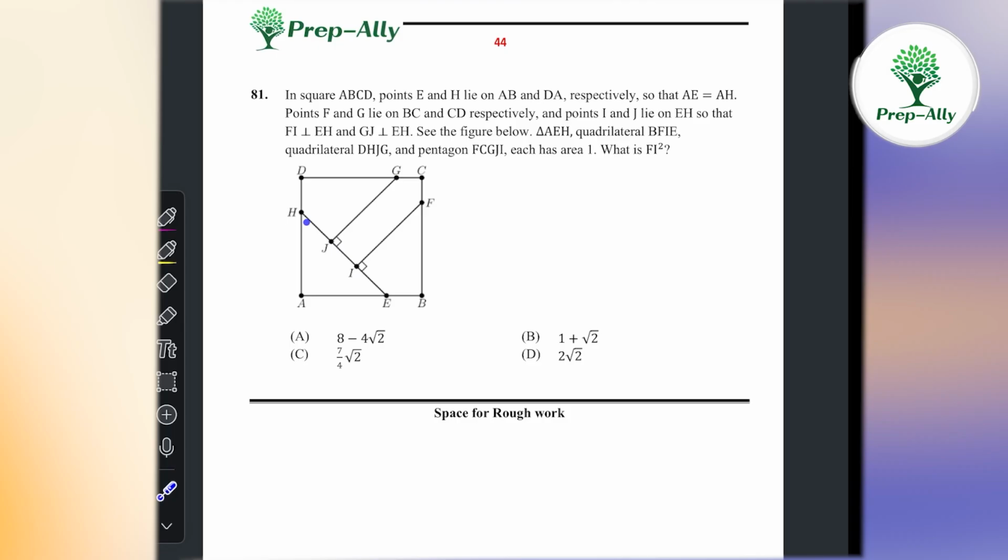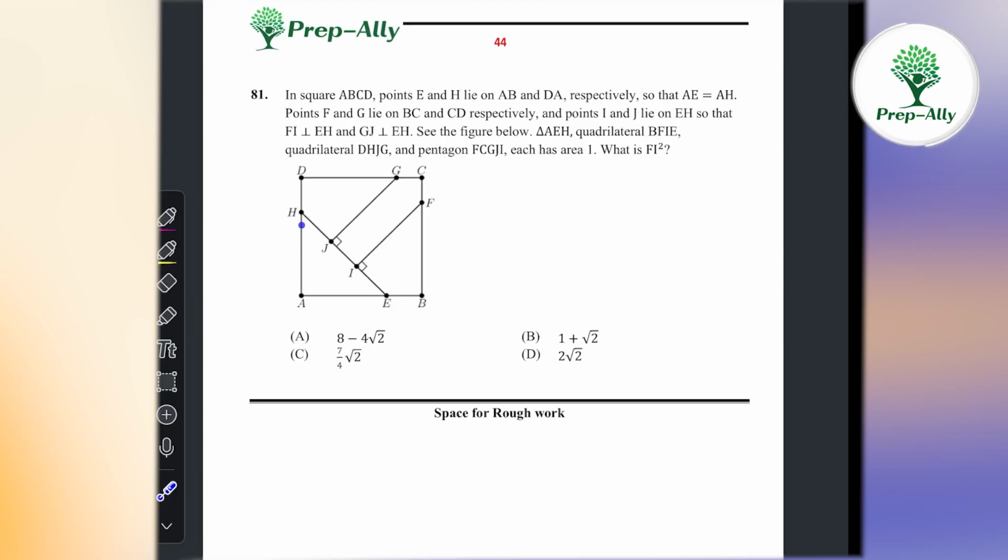So what are we told? We're told that this triangle has area equal to this quadrilateral, has area equal to this pentagon, has area equal to this quadrilateral.